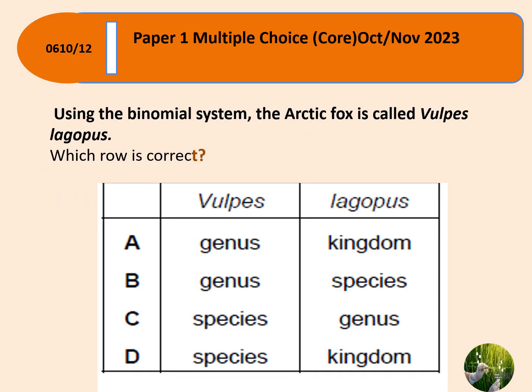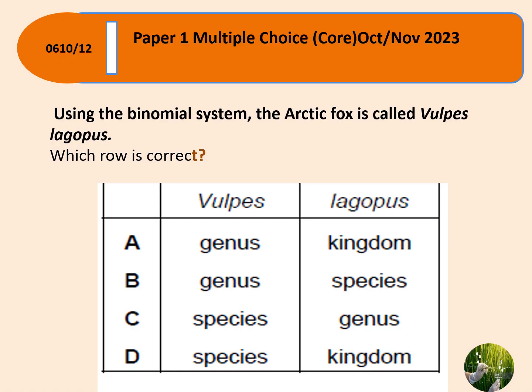Next question, October-November 2023. The question is, using the binomial system, the Arctic fox is called Vulpes lagopus. Which row is correct? So now you are given Vulpes and lagopus and 4 options.